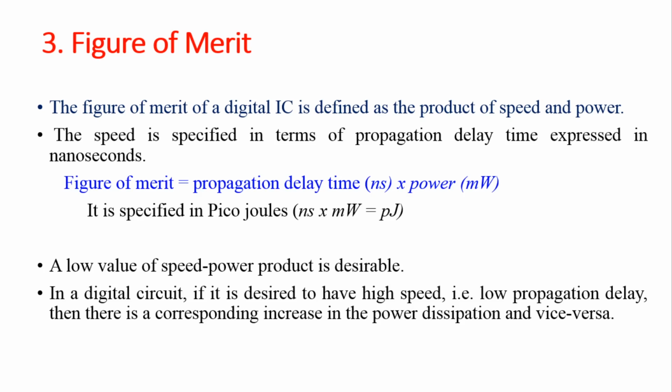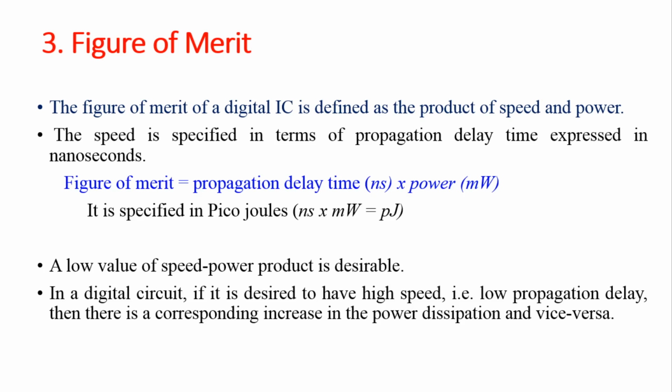Now third one is figure of merit. The figure of merit of a digital IC is defined as the product of speed and power. The speed is specified in terms of propagation delay time expressed in nanoseconds. Figure of merit is equal to propagation delay time in nanoseconds into power in milliwatts. This is the formula to calculate the figure of merit.